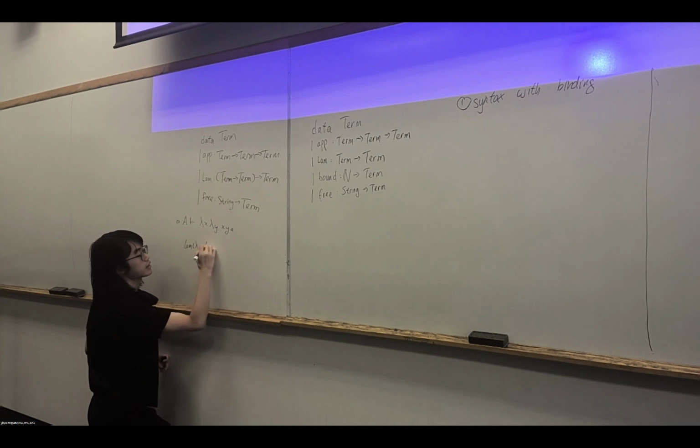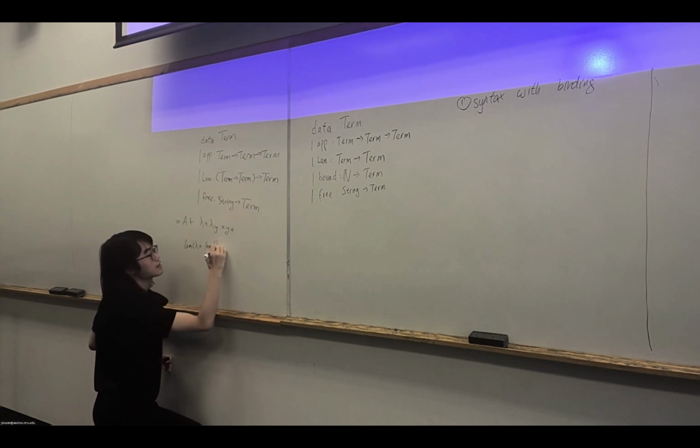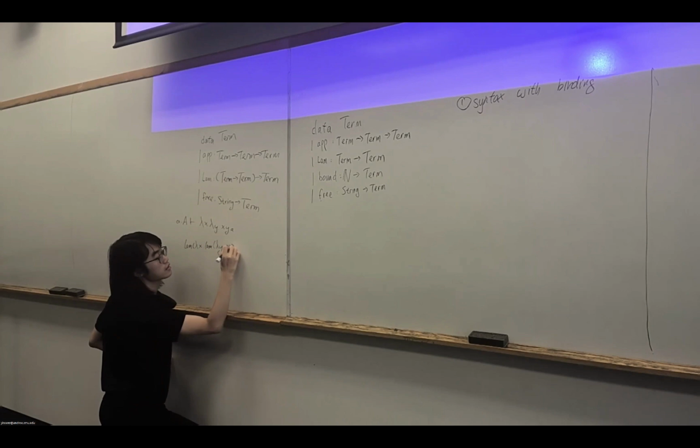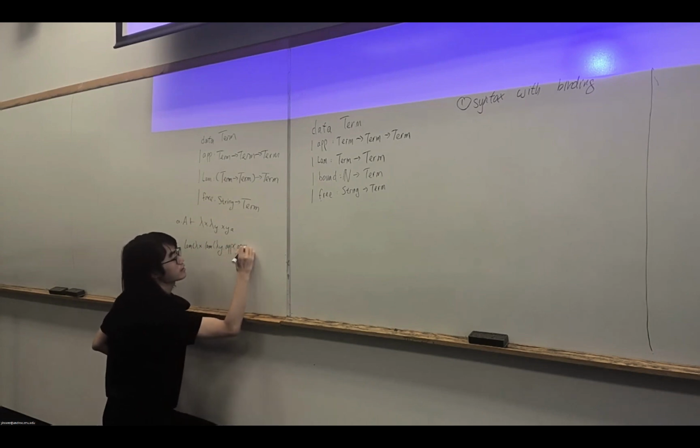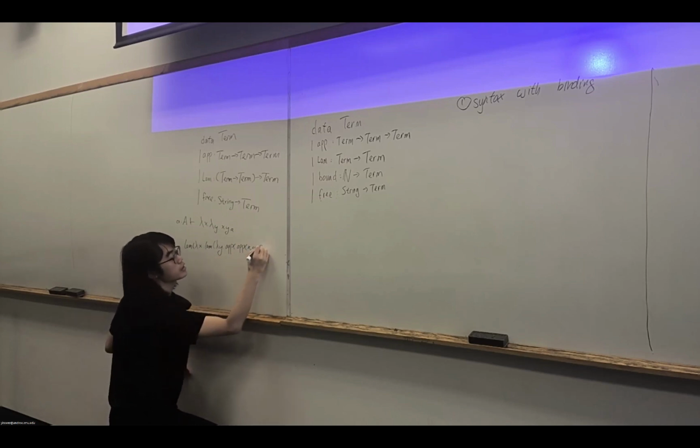And then I return another lambda because the lambda constructor wants me to return a lambda. And I bind y, and I return the application of x and y, which are both variables from the context of the meta language. Then applied by the free variable a.